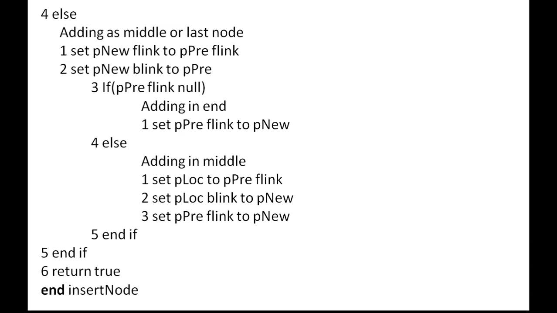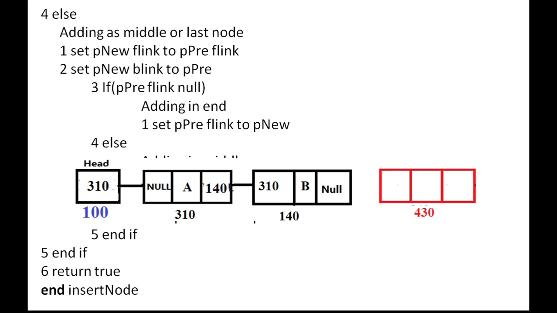Okay, so now the pnew begins to point to the previous node with this statement, and now we have to deal with inserting at the end and the middle separately. See, these two statements are common for both the middle and inserting at the end. So I have written it here, but we have to deal with the middle and end separately.